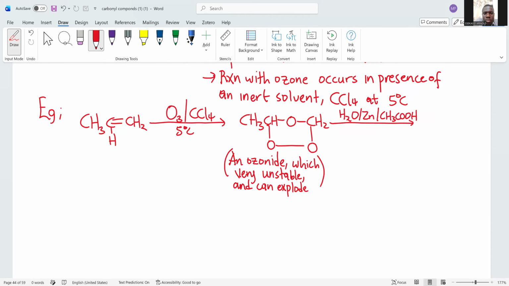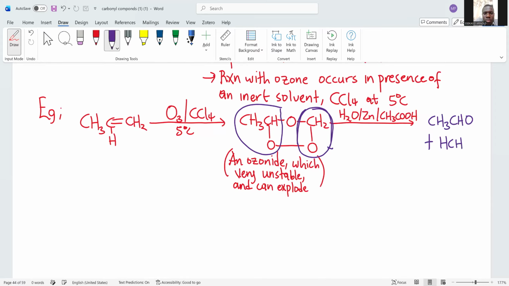We get CH3CHO plus the other part, methanal, plus a minor product, hydrogen peroxide. The oxygen left within the structure adds to water to give hydrogen peroxide.